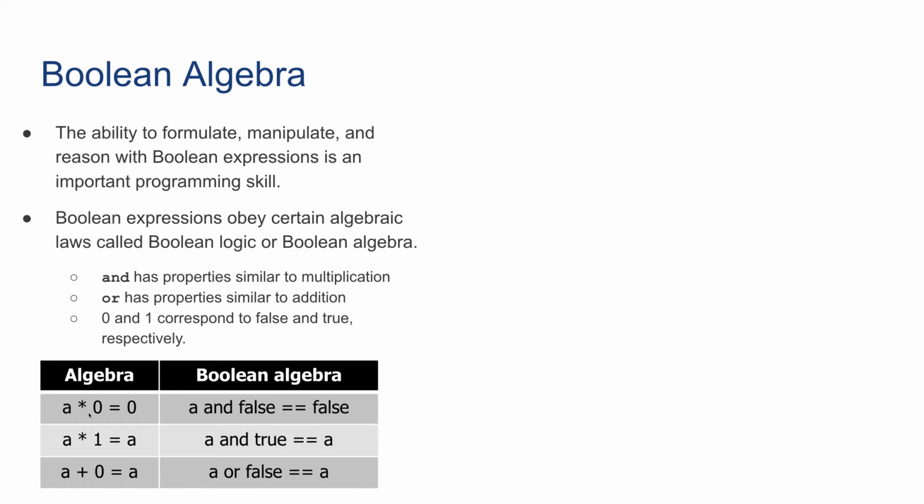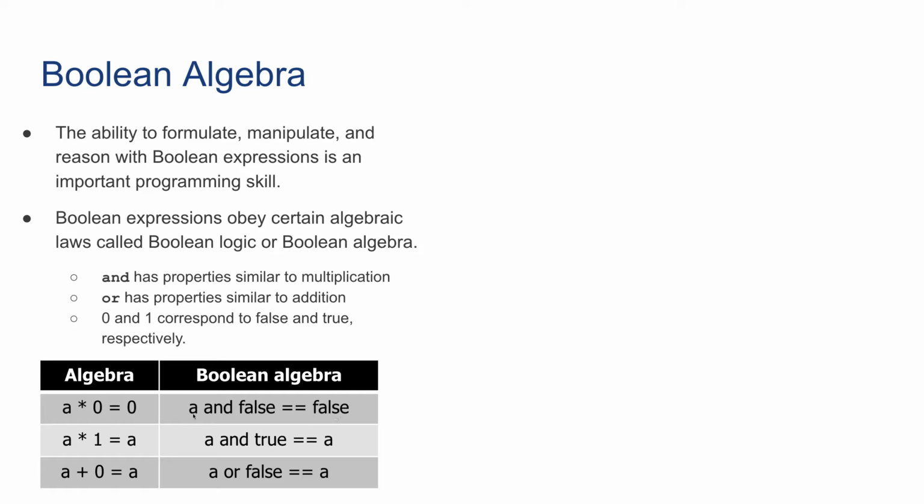So A times 0 is 0, A times 1 is A, and A plus 0 is also A. So in Boolean algebra, A and false is false, since 0 corresponds to false.